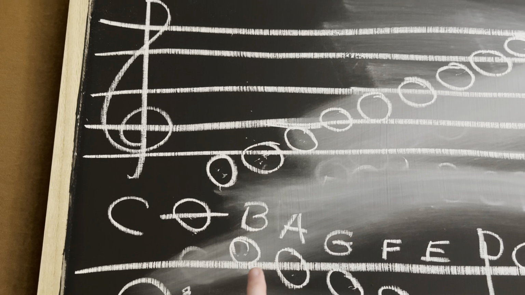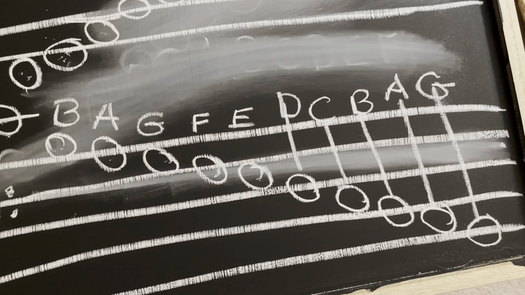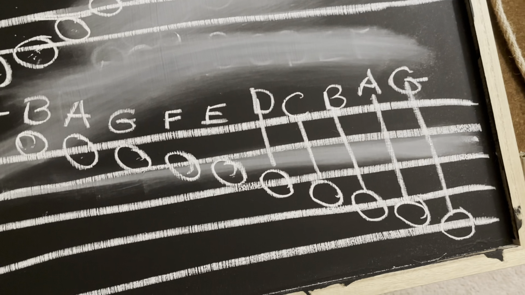I'll show you the blackboard again while I play it on the keyboard. Now starting from the G at the very bottom of the staff, and ending with the middle C.